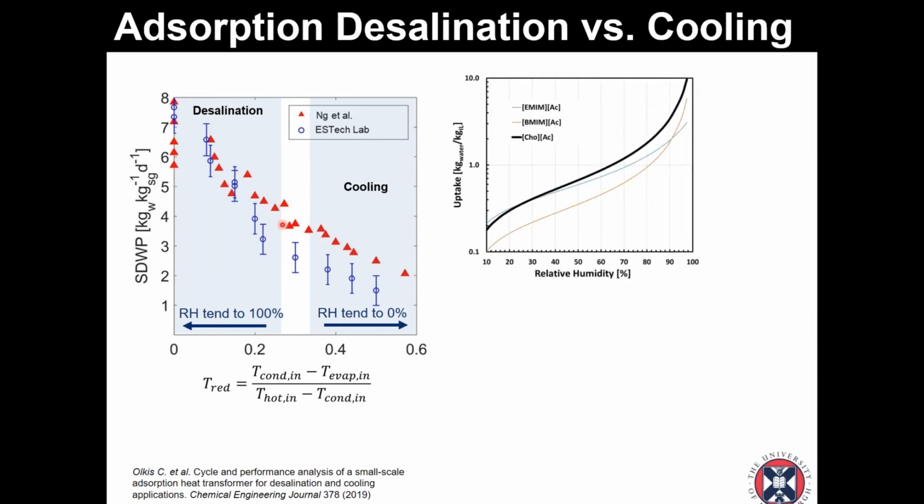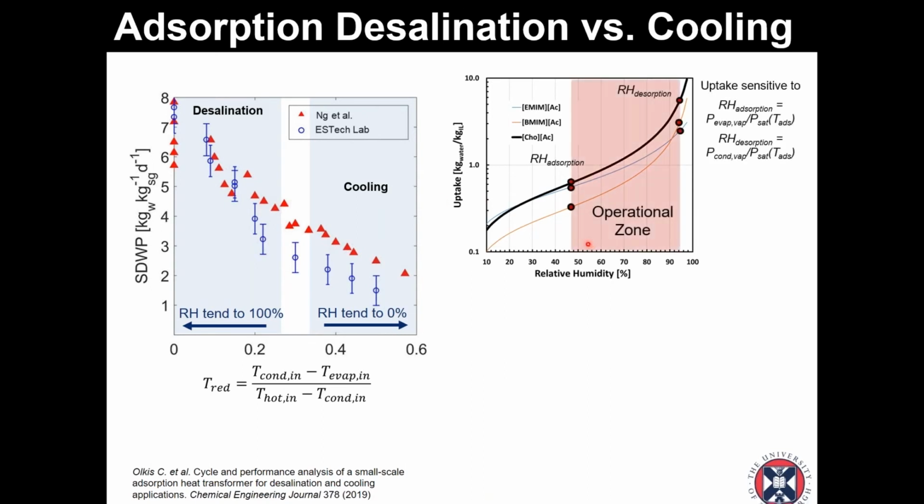Now let's see what each point in this graph means on the isotherm. Each point on this graph defines 2 points on each isotherm, which is the operational zone.